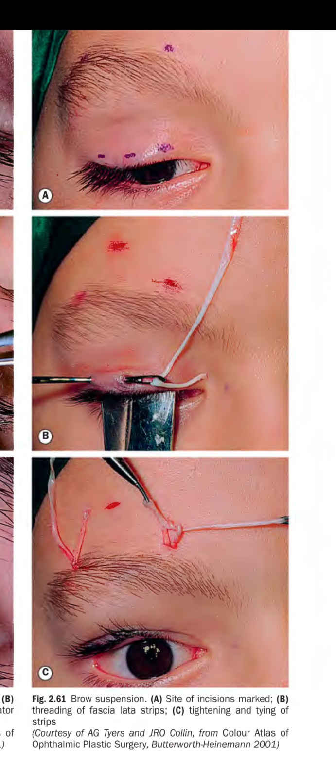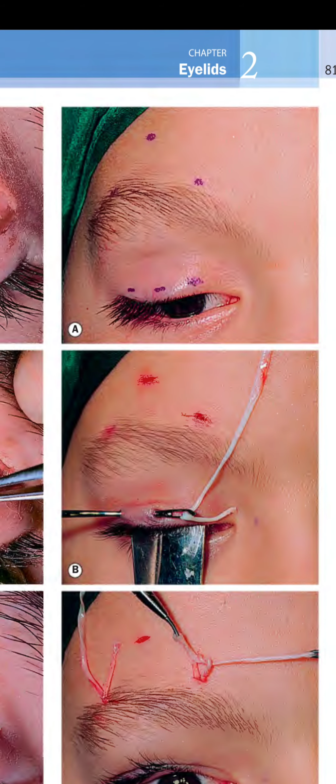So this figure is showing us the brow suspension procedure. A is showing us the site of incision. Basically the incision sites are at the medial and lateral limbus along the eyelid margin, and in the eyebrow, at the medial and lateral canthi, and the other one is at the mid of the eyebrow, above the eyebrow.